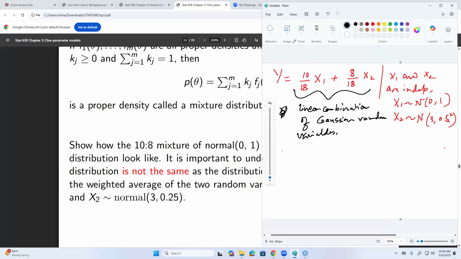It only works if they are Gaussian. If they follow something else, there is no guarantee that the combination will follow the same underlying distribution.